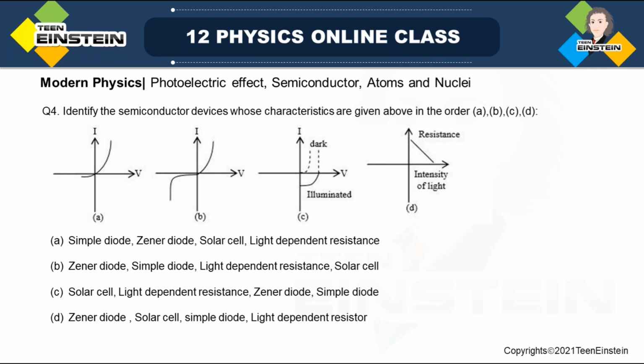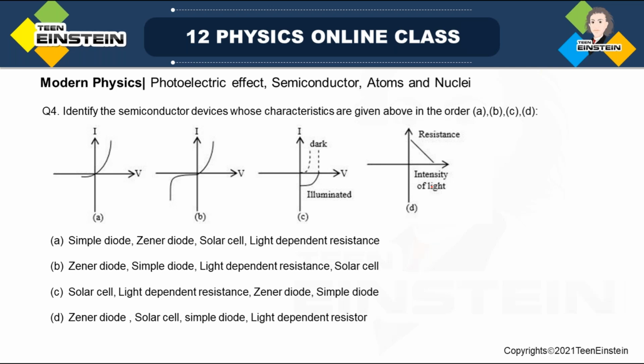Now we have a similar question like this. Identify the semiconductor devices whose characteristics are given above in order A, B, C, D. See, there are 4 graphs. Out of them, 3 are IV characteristics, and this is intensity of light versus resistance.